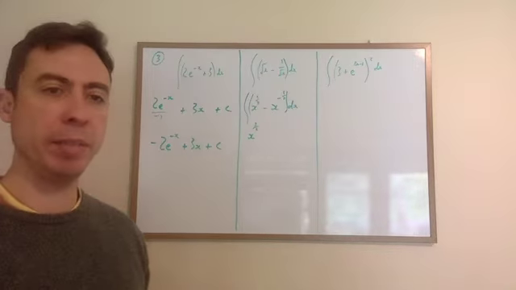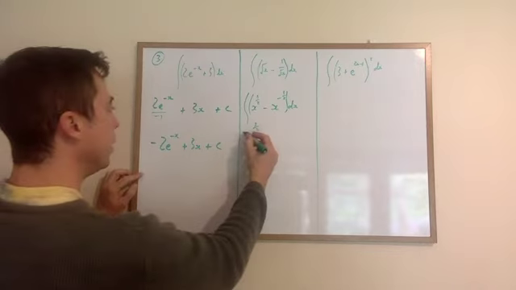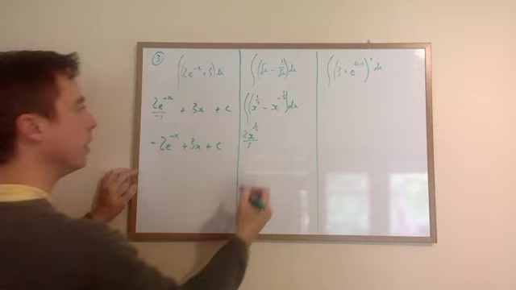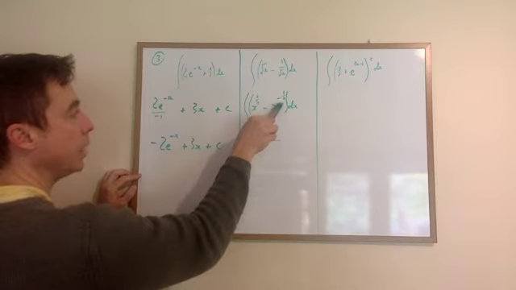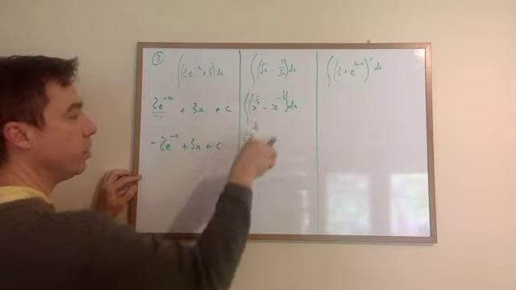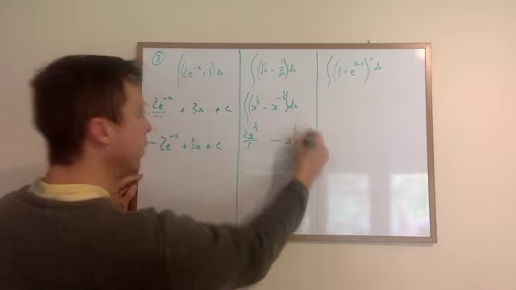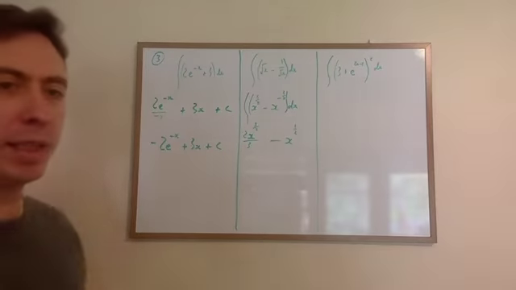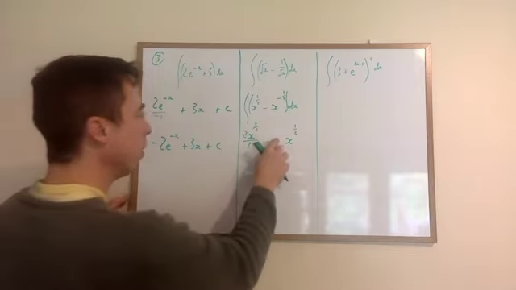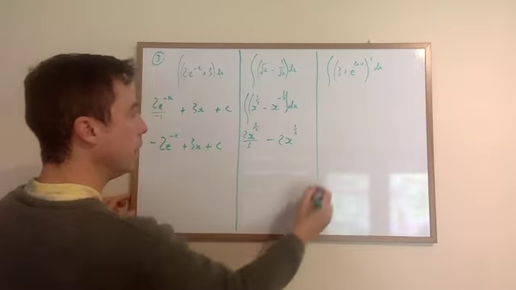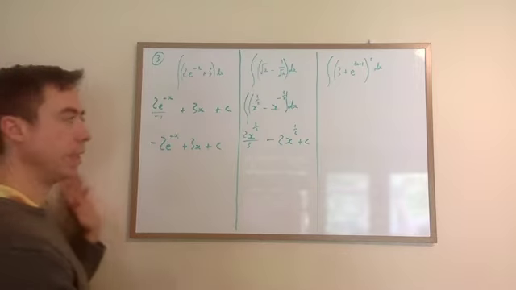So dividing by 3 on 2, same as timesing by 2 on 3, we'll just write the 2 on 3 straight in. Now here we've got x to the power of minus 1/2, we're adding 1, so we will get x to the power of 1/2. We're then dividing by a half, same as timesing by 2, so we can slot a 2 in, and don't forget your c.